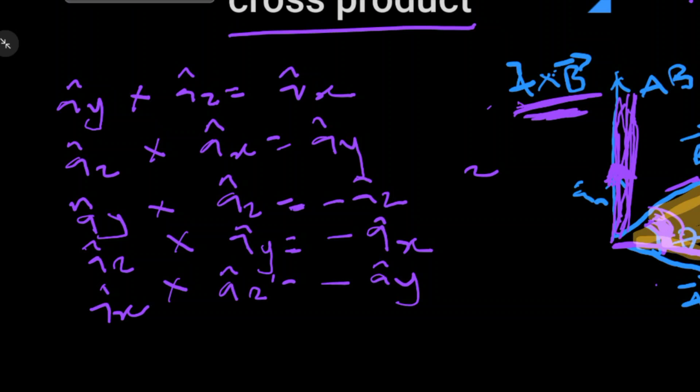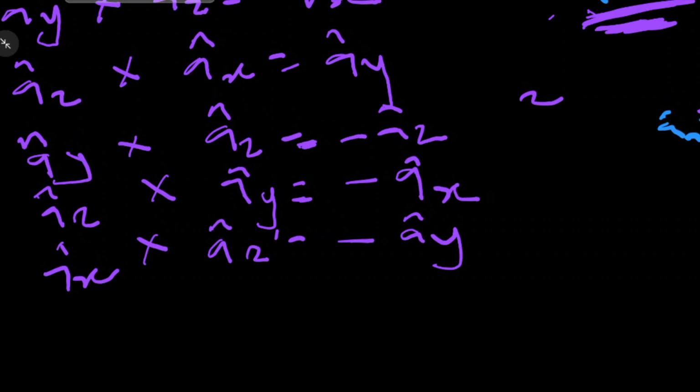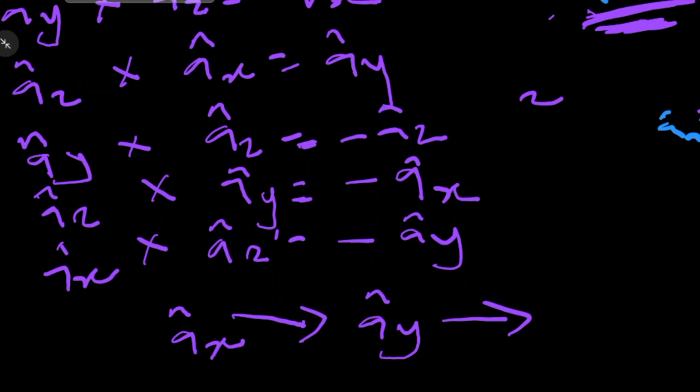A simple way of understanding this is by forming a pattern cycle, which is, so we have this x to this y to the unit vector z.